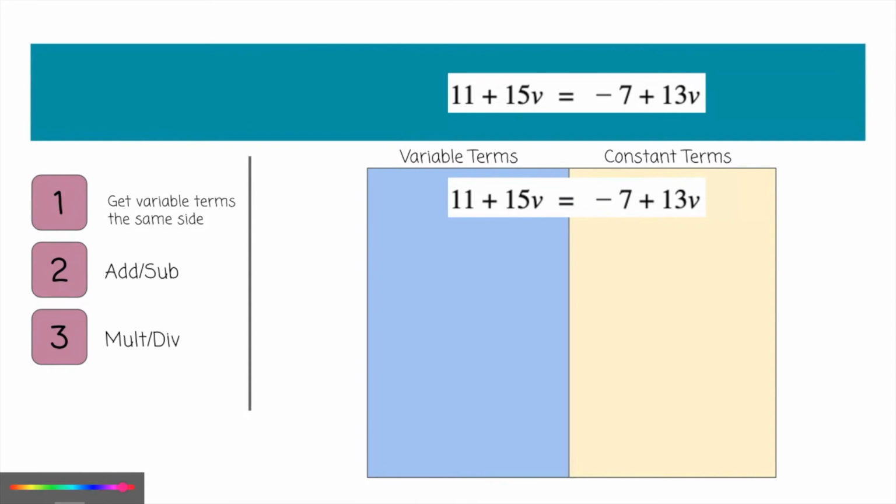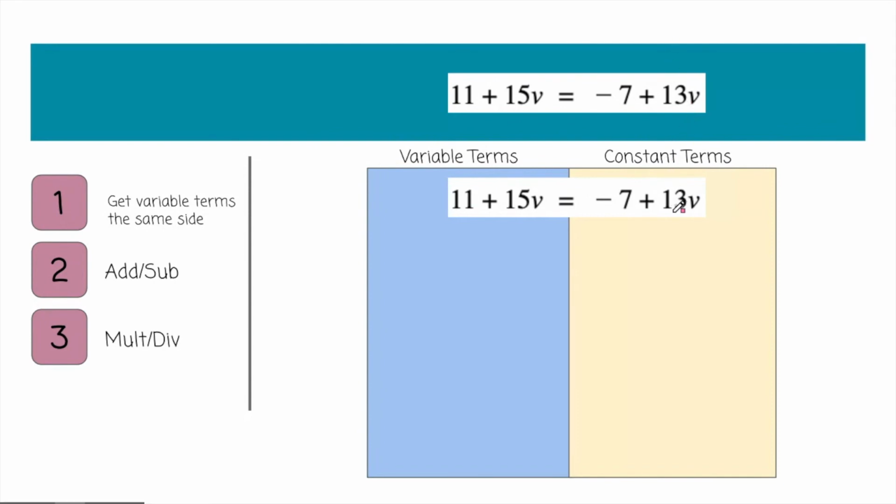So we want to get all the variables to the left and all of our numbers, our constants, to the right. To be honest, it doesn't matter. You could flip-flop that and do all the variables to the right and the constants to the left, just as long as your ultimate goal is to get the variable and what it equals. In this case, I'm going to do my variables to the left.